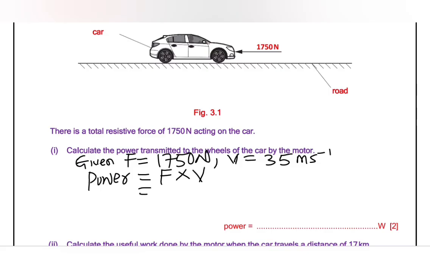And this is equal to 1,750 times 35. And this will give us 61,250.